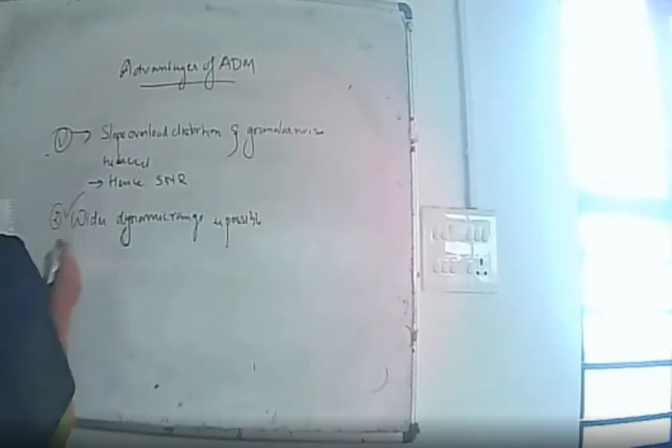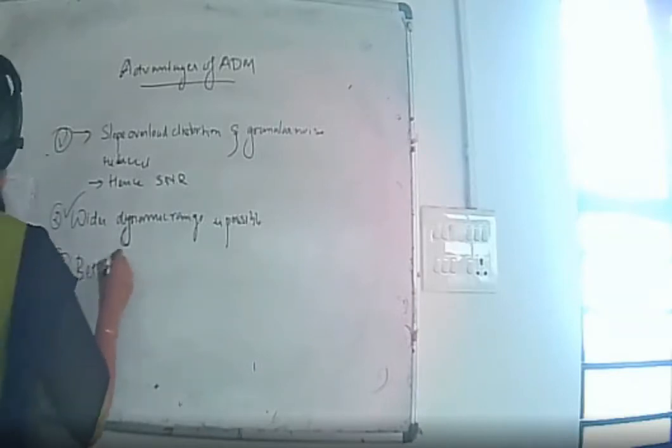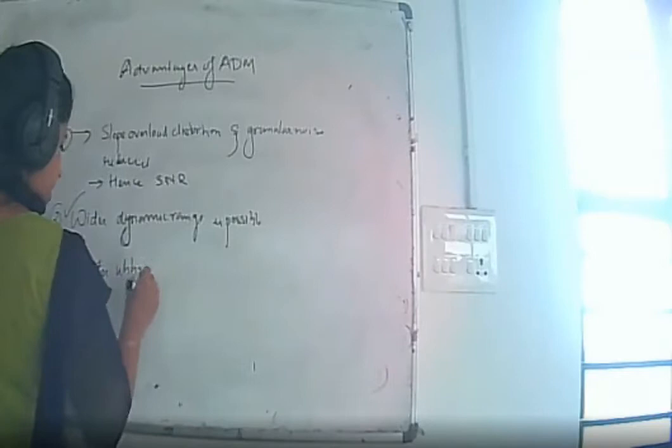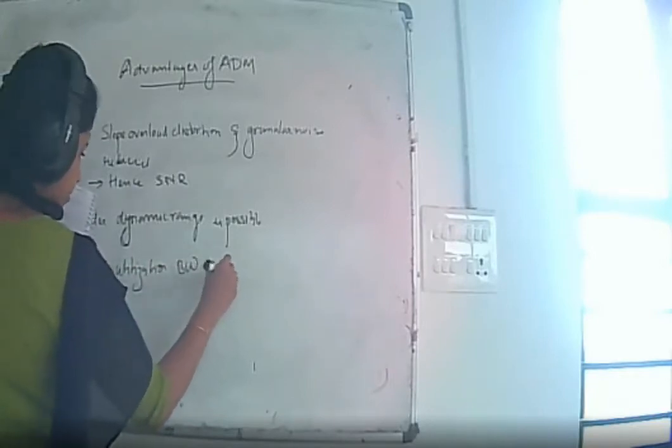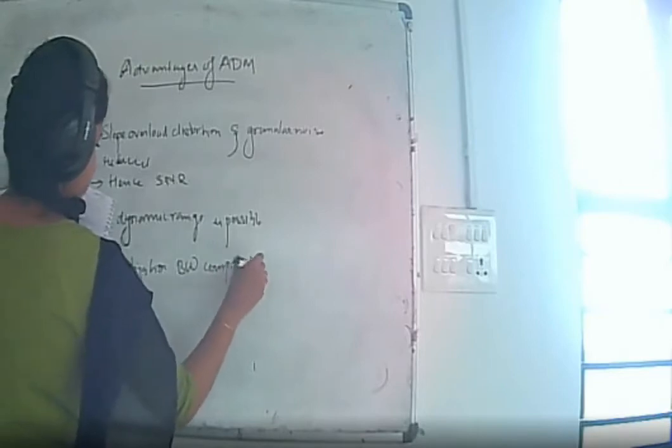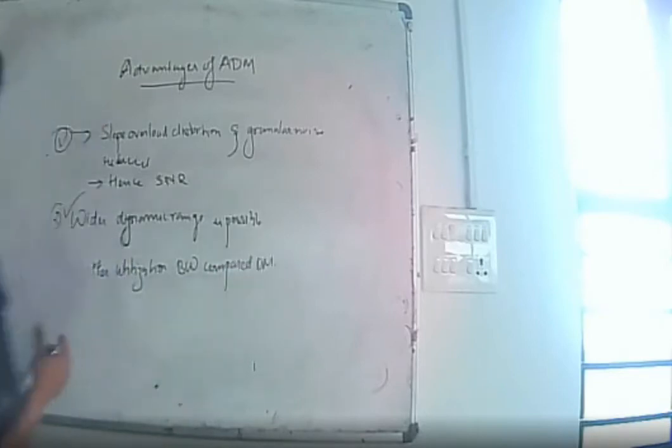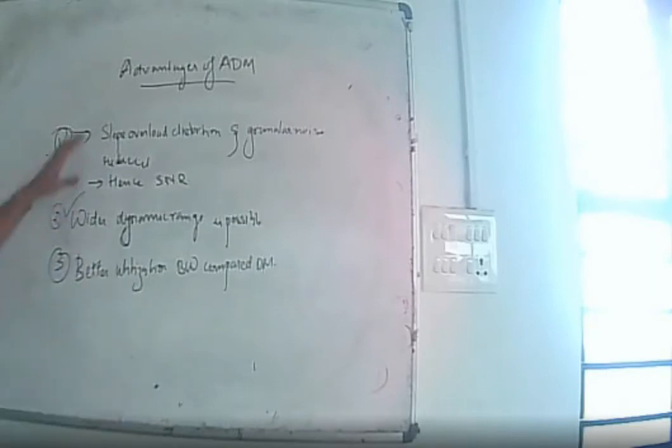And the last one is better utilization of bandwidth compared to DM. That is, compared to delta modulation, it has better utilization of bandwidth. The first one was that slope overload distortion and granular noise get reduced, and hence it increases the signal to noise ratio.